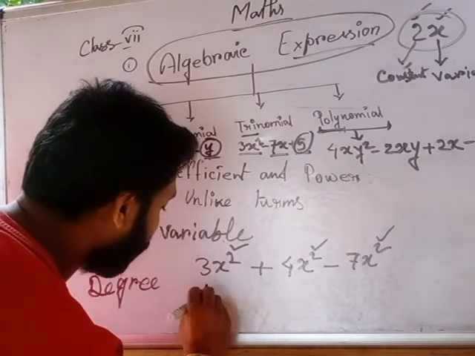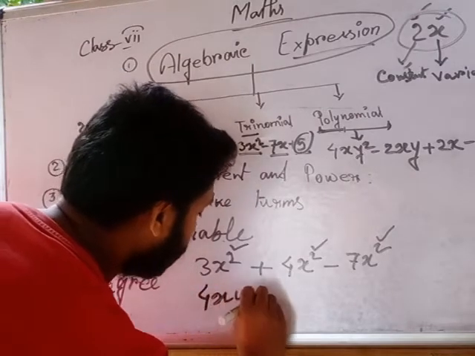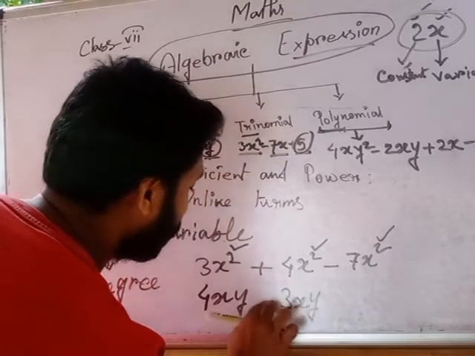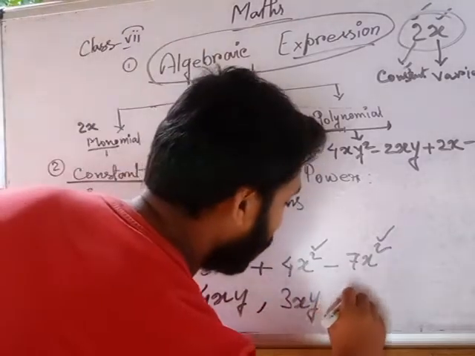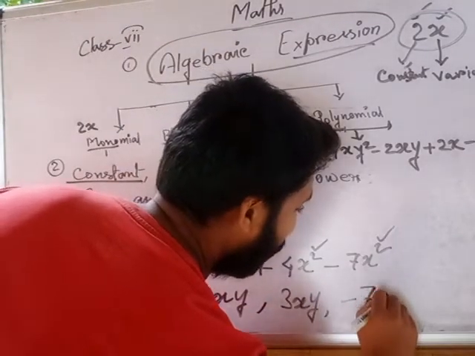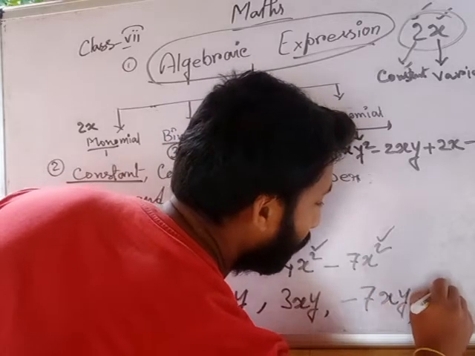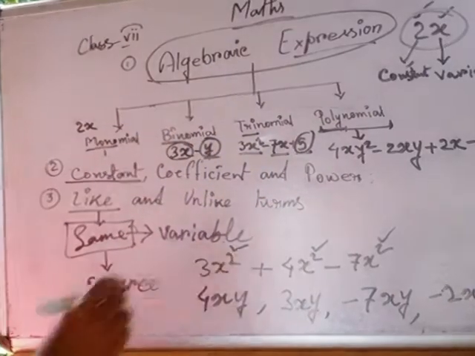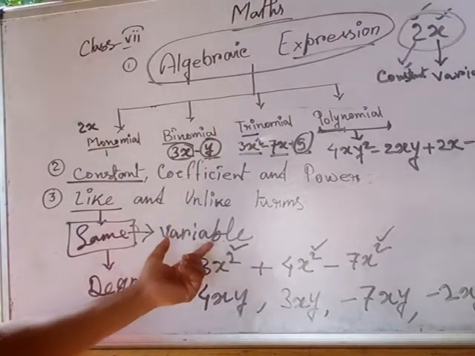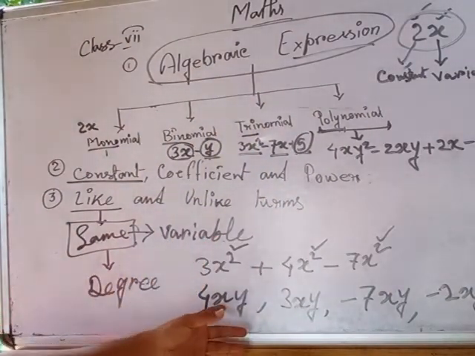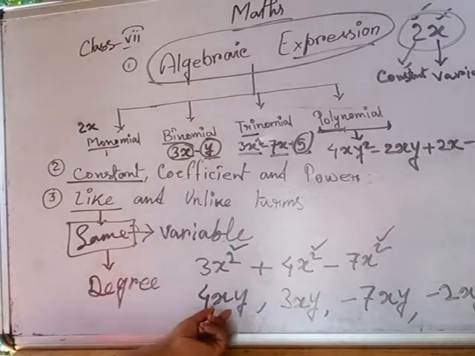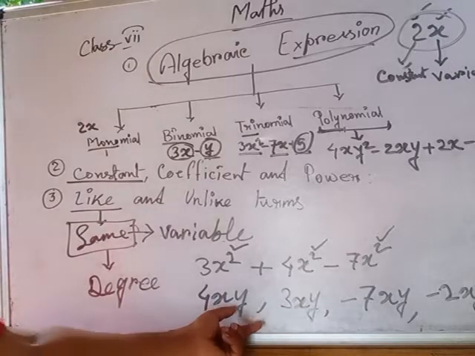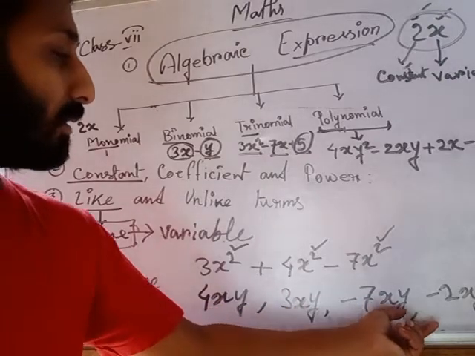Also, suppose it is 4xy minus 3xy minus 7xy minus 2xy. All of these terms are the same in their variable and degree. The variable is x and y in all of them, xy and xy.